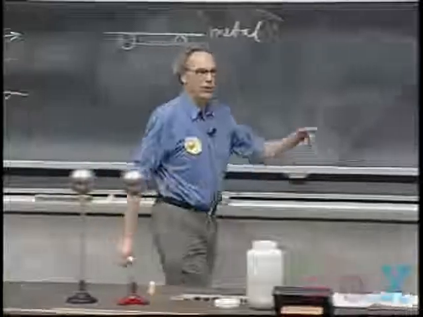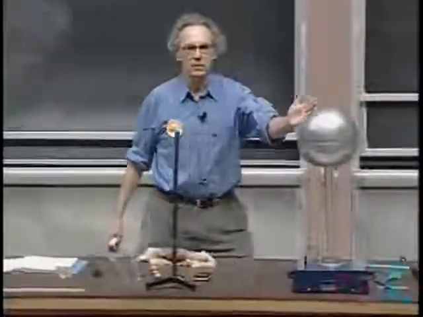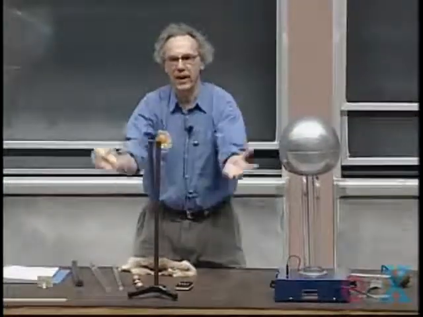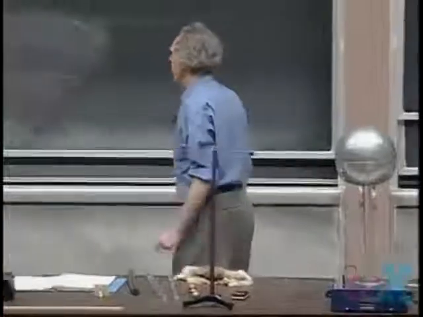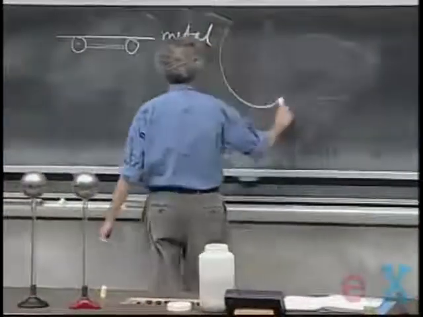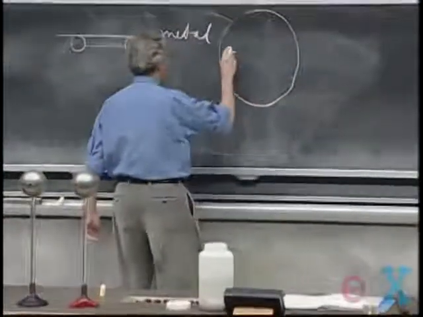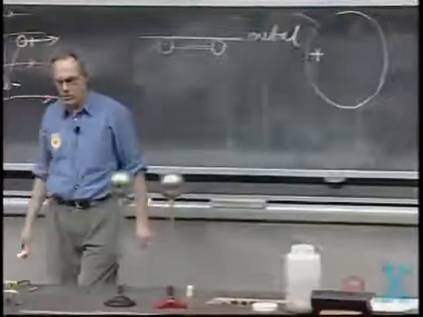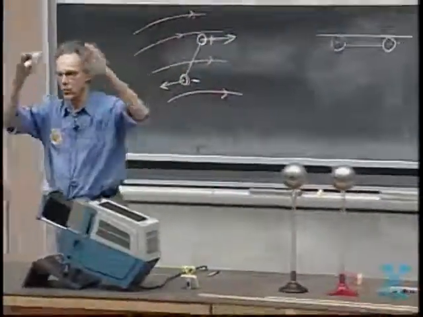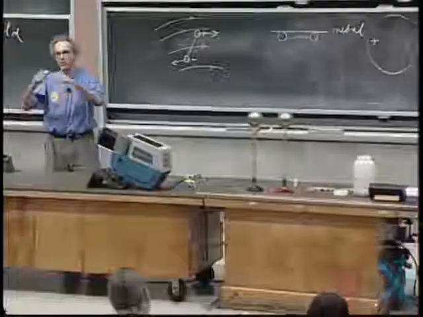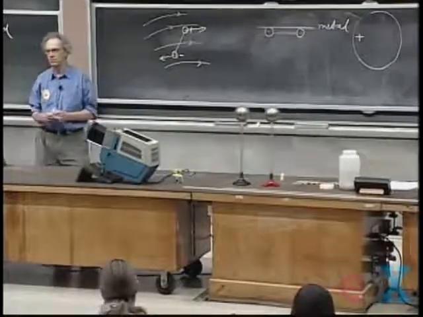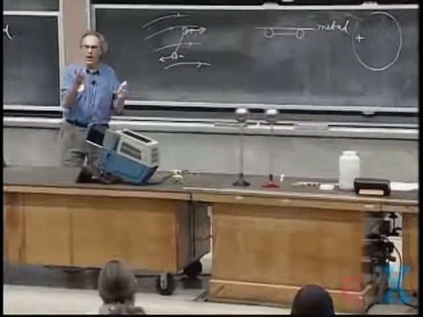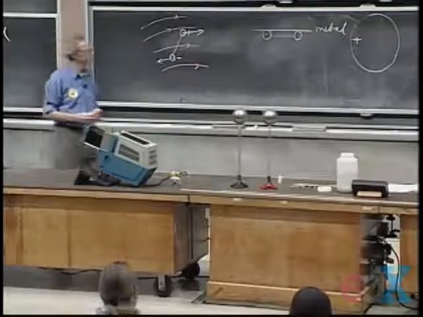I'm going to turn on the Van de Graaff here, and the Van de Graaff creates an electric field. So we have the Van de Graaff here, and let's suppose that this Van de Graaff creates positive charge. Sometimes a Van de Graaff creates positive charge on the dome, others can be designed to create negative charge on the dome. And remember, for now I assume that's positive.